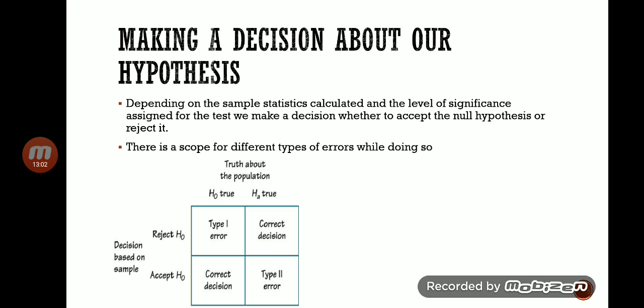And if we accept our null hypothesis, but on the whole population the alternative hypothesis was true, then this is known as type 2 error.